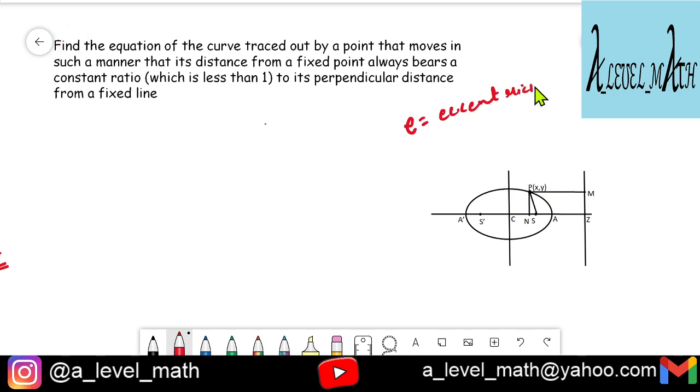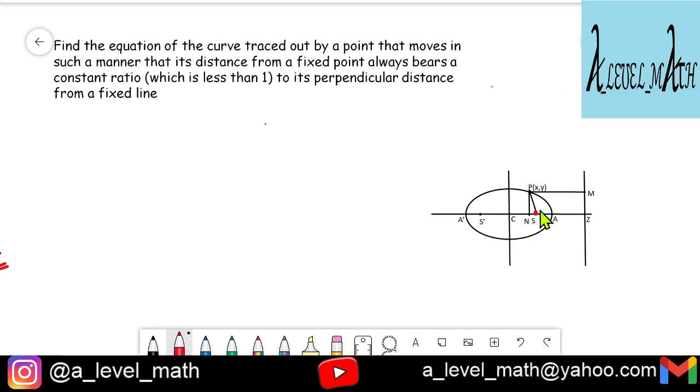So if a point moves in such a way that its distance from a fixed point and a fixed line always maintains a constant ratio, that means PS divided by PM is e, and this happens for all the points on the curve, then the curve traced out by this moving point is known as an ellipse.